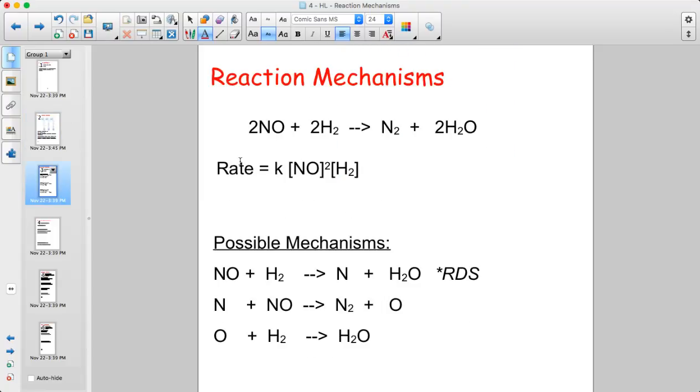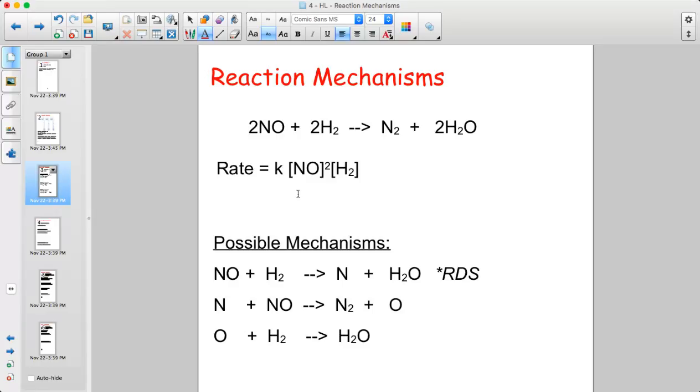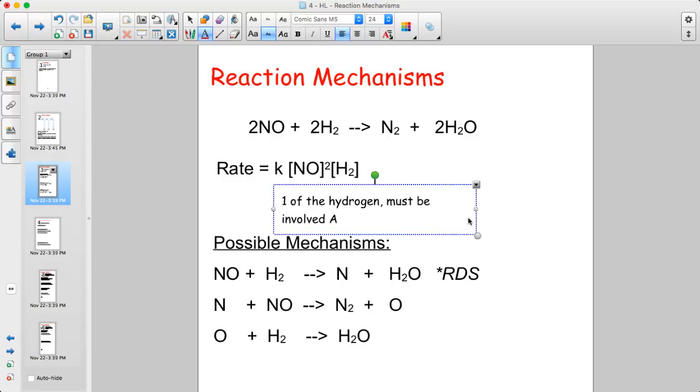Okay, so for this one, if we look at the rate equation, we can see that the reaction is second order with respect to nitrogen monoxide, and it's first order with respect to hydrogen. Notice that hydrogen in the stoichiometric equation is in there twice, but it's only in the rate equation once. And so immediately one takeaway that I would have is that H2, or one of the hydrogens, must be involved after the rate determining step.